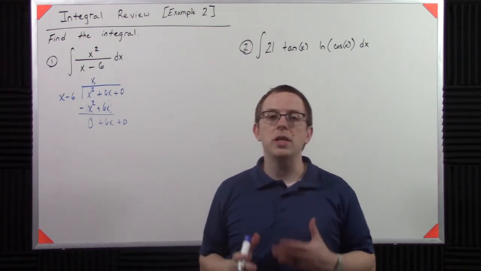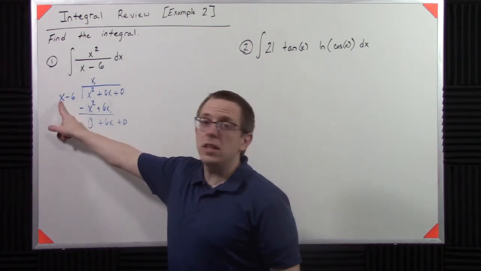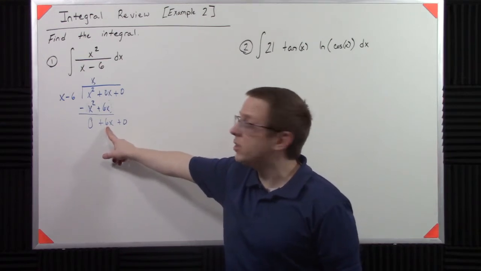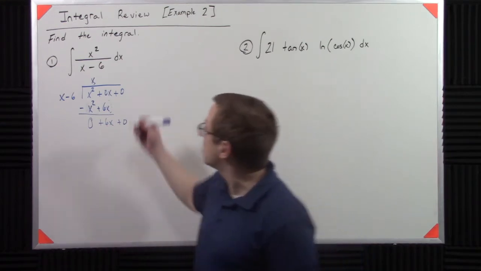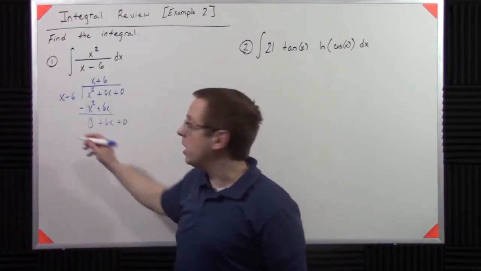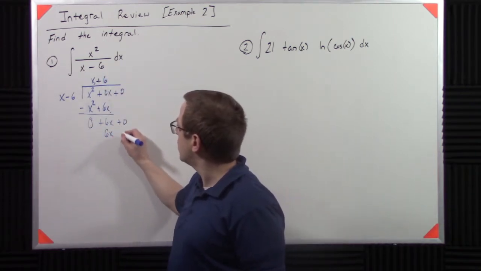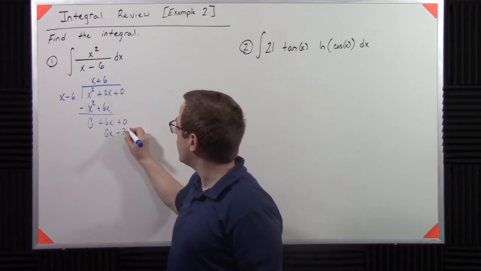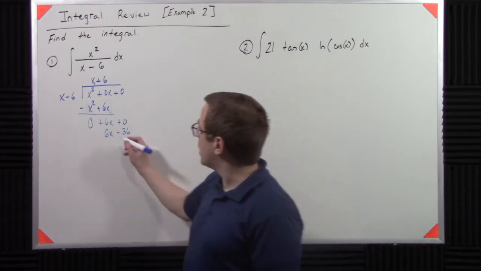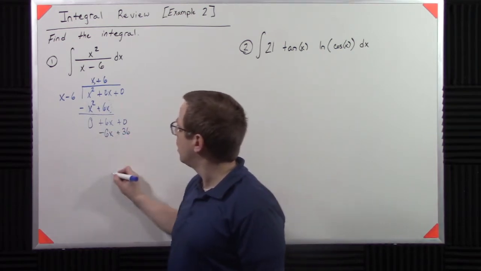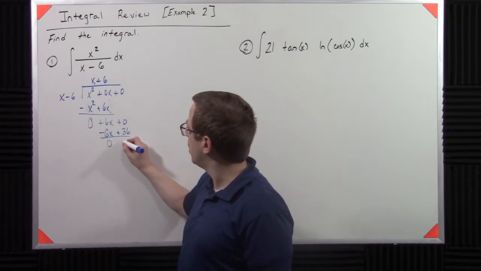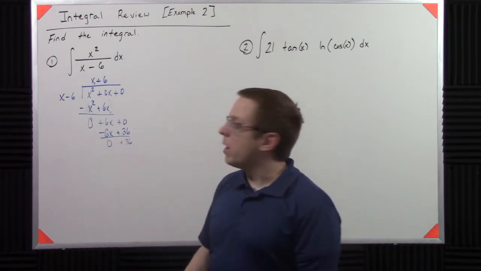Now I say, can this leading term be multiplied by something to get this? And the answer is, of course, yes, plus 6. So I do the same thing: 6x minus 36. Then I subtract that, so this goes away, and I have 36.